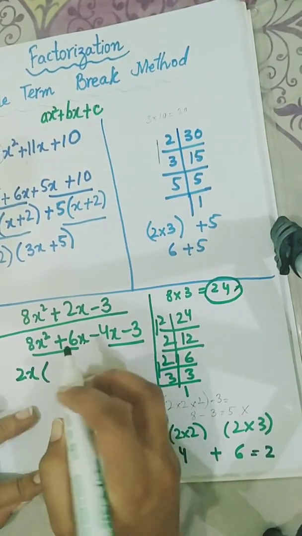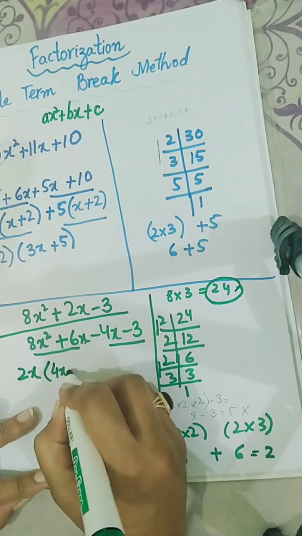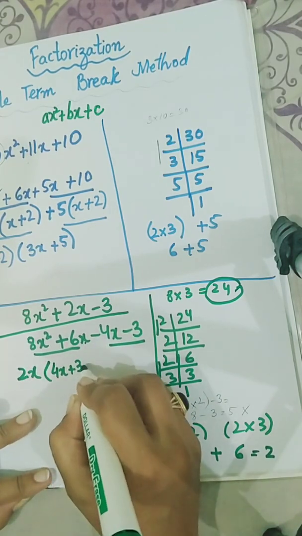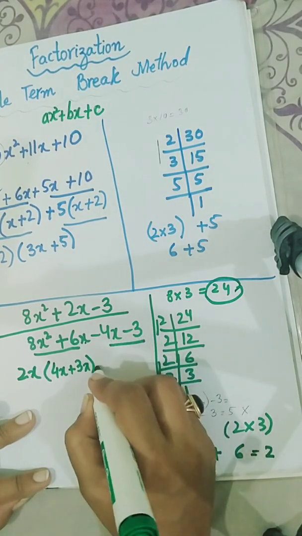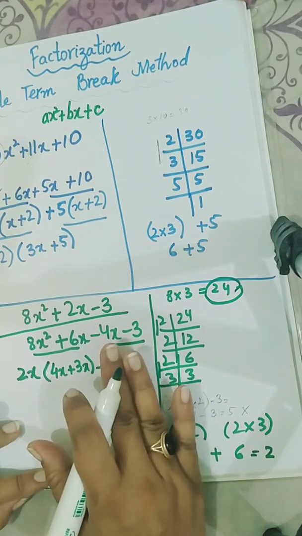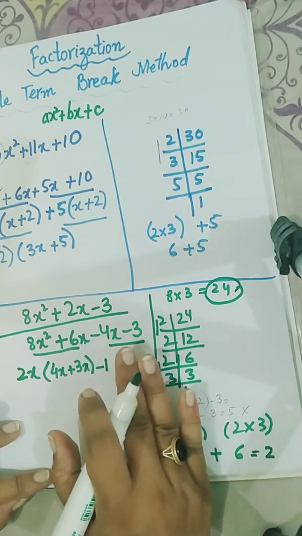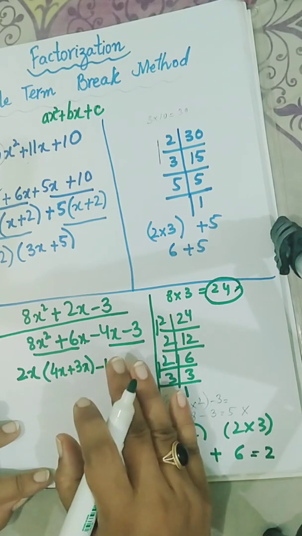So 4x plus 3 will be left inside the bracket, and I can take minus 1 common from these two terms. You can see not any number is common from the terms, but you know that 1 is always present.